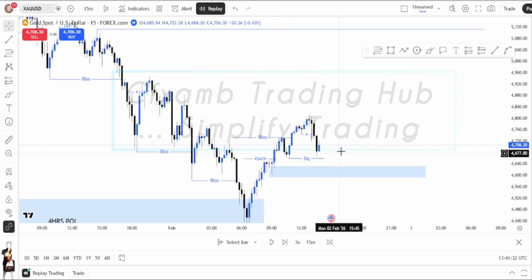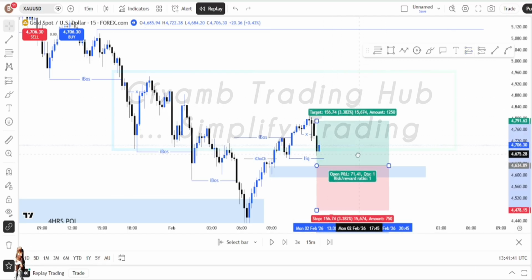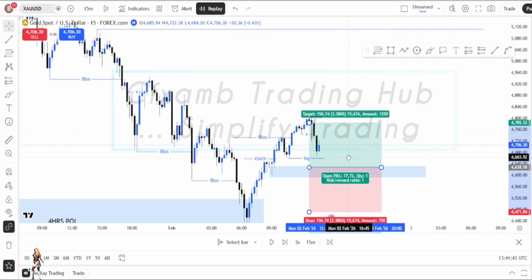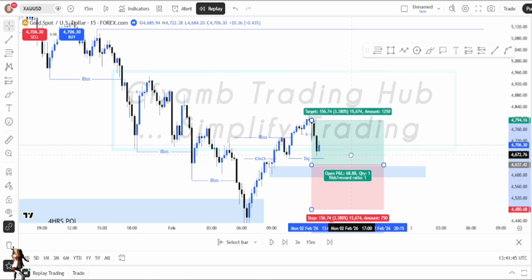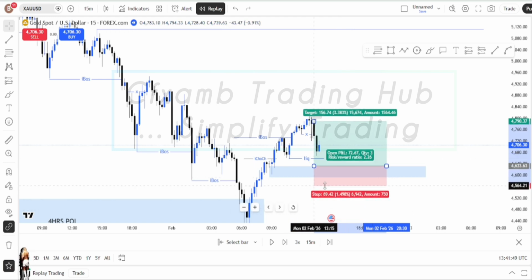This is the possible zone that we are trading to, because we have already gotten all the criteria that we needed at this point. Now let's put our buying position at this point and see what we are going to achieve next. I'm going to buy from this zone, and we have two types of entry. Now I'm going to take an aggressive buy at this point. I'll put my stop loss at this zone.